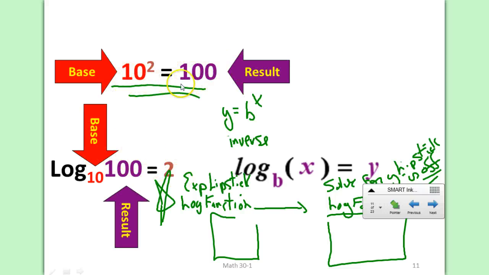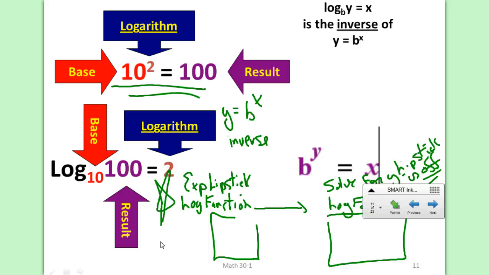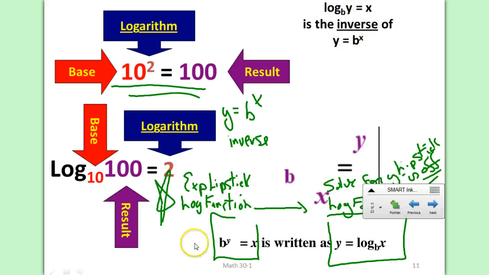One is saying it in an exponential way, one is saying it in a log way, okay? These two statements over here are not the same. They're just different forms.